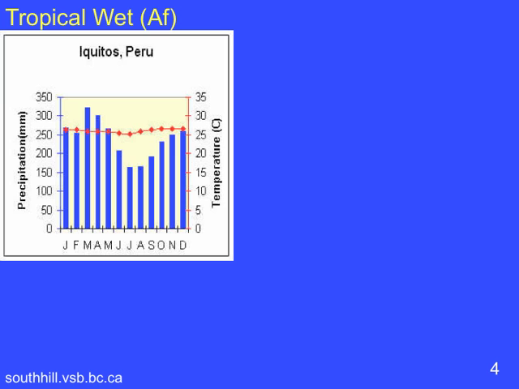The island of Kauai in Hawaii is in the Af, or tropical wet, climate zone, and portions of it, I should say, are. And Kauai has an area with the highest average annual precipitation of any place on Earth, believe it or not, with an average of 460 inches of rain per year.